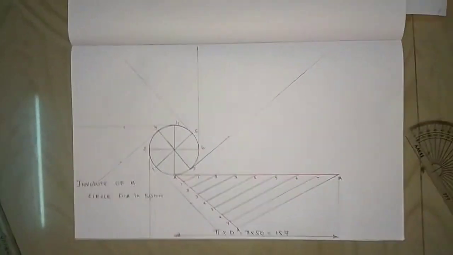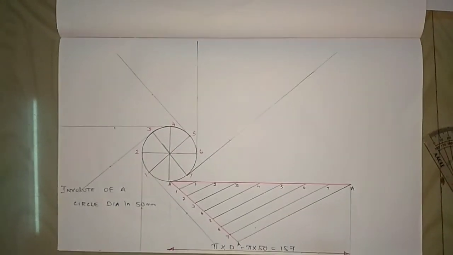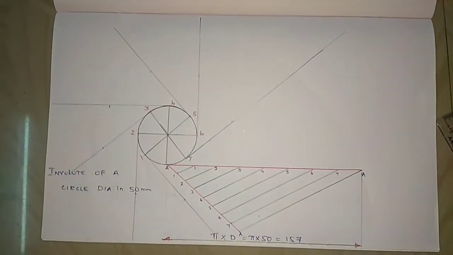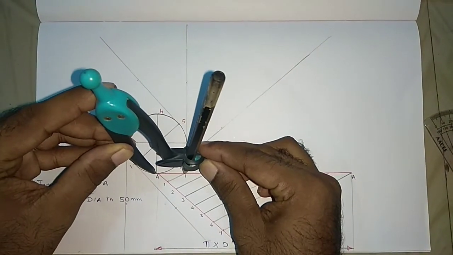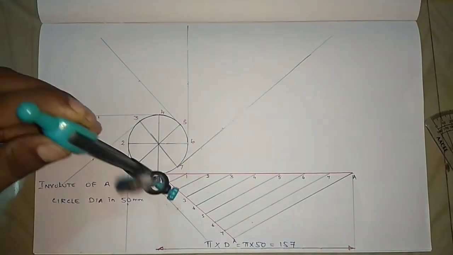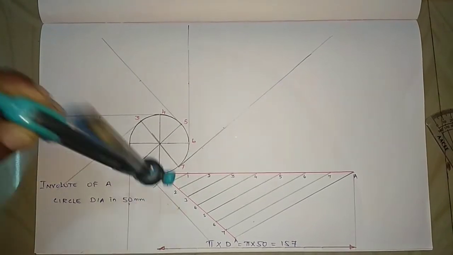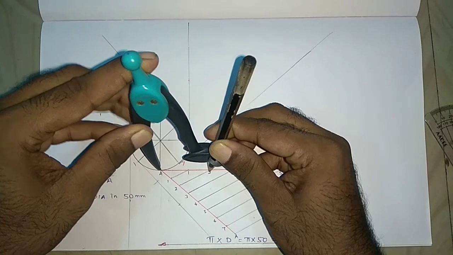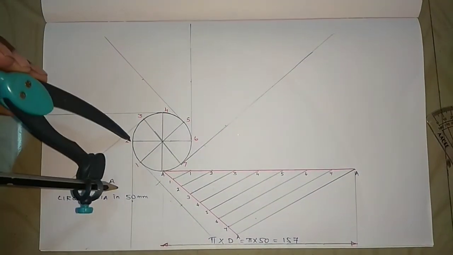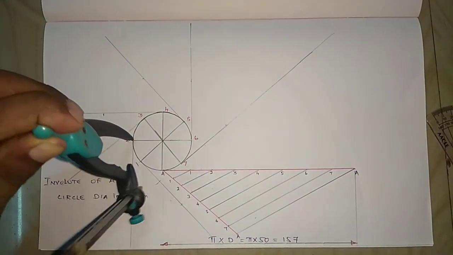Then using the compass, measure the distance A1. Take the A1 distance as the radius, A as the center point, and make an arc on the first line. Then measure the distance A2 as the radius, 2 as the center point, and make an arc on the second line.